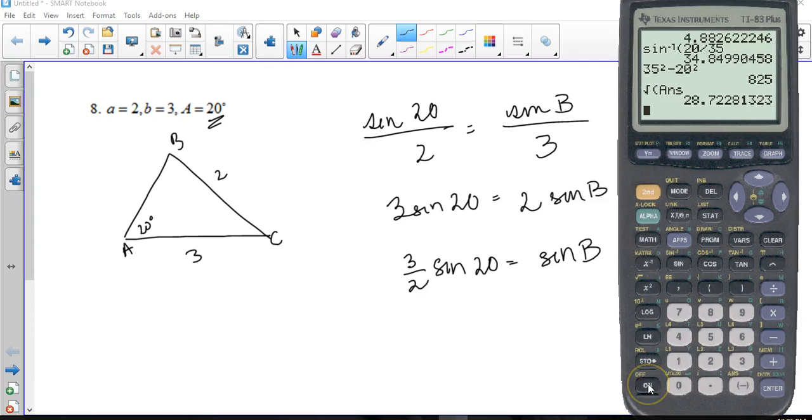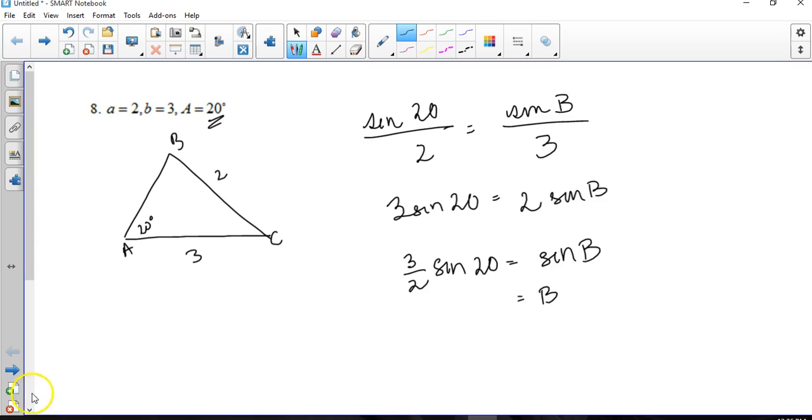Let's see what we have here. 1.5 times sine of 20 is that. That's the sine of B, so I need to say what angle has that sine? I'm going to say 30.9 because I don't know what they asked for. I'm at 30.9. Okay?